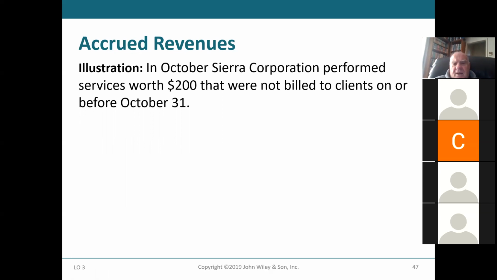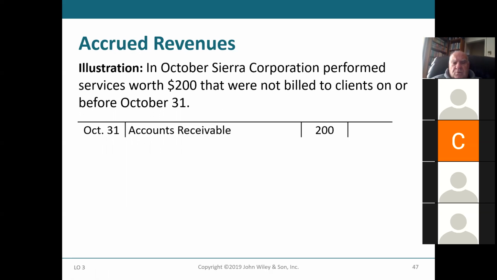We have to accrue that. We earned that money. We haven't sent the bill out, which seems stupid, but we have to recognize that we did that work. So we're going to debit a receivable and credit a revenue account. Now we've recorded the sale, and I hope you understand that. We recorded this revenue.